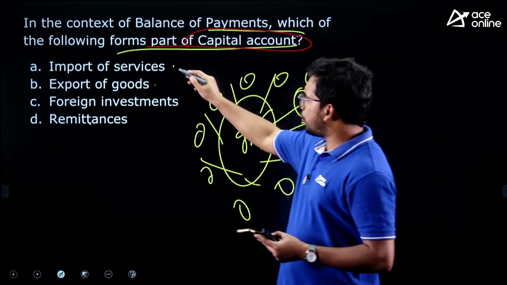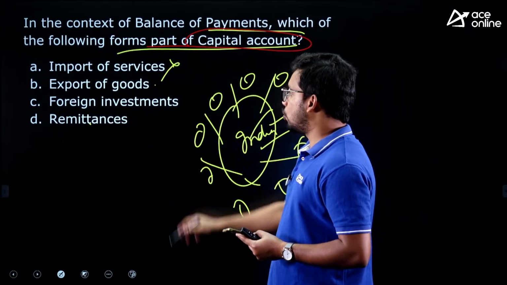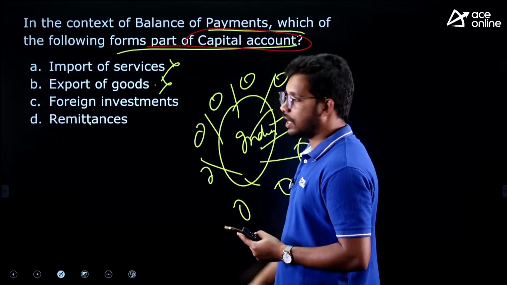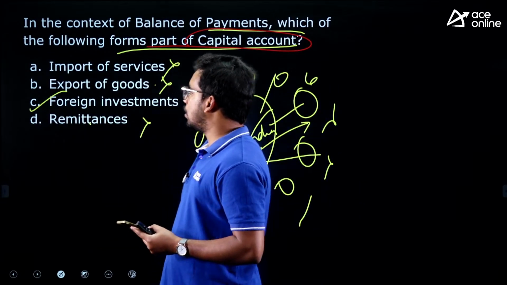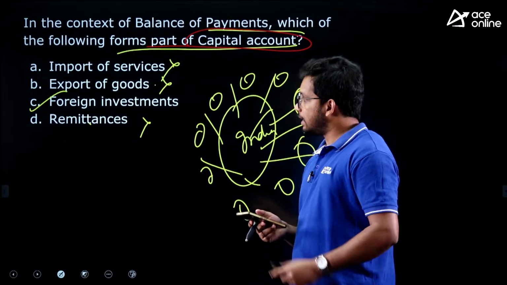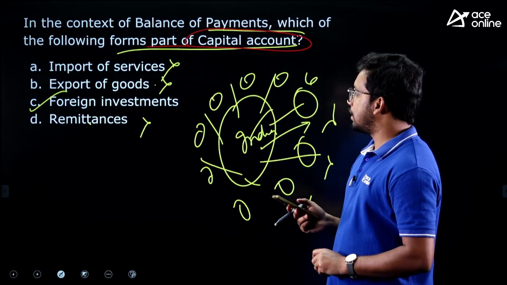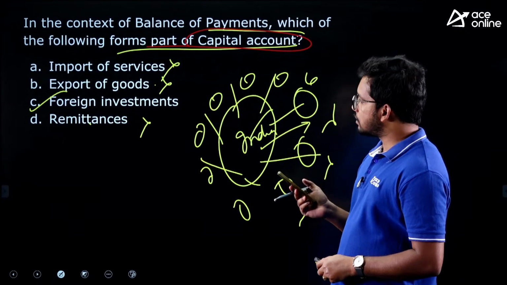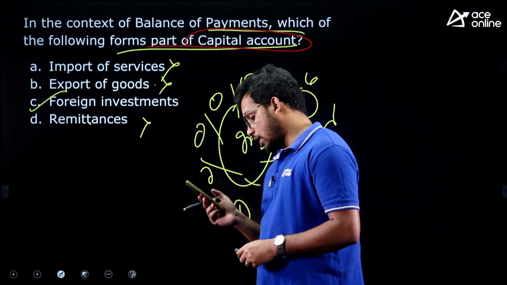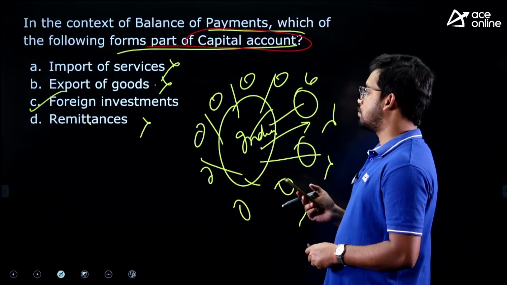Yes, import of services is current account, less than 1 year. Import of goods is also current account. Remittances are also current account. Foreign investments are longer-term and hence part of the capital account, right? Syed has answered it correctly, and Jahnavi answered it correctly even before the explanation.